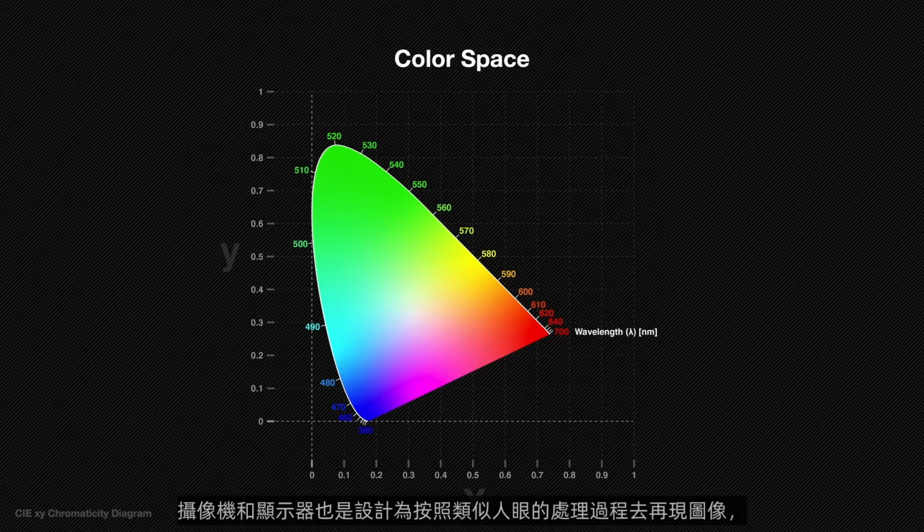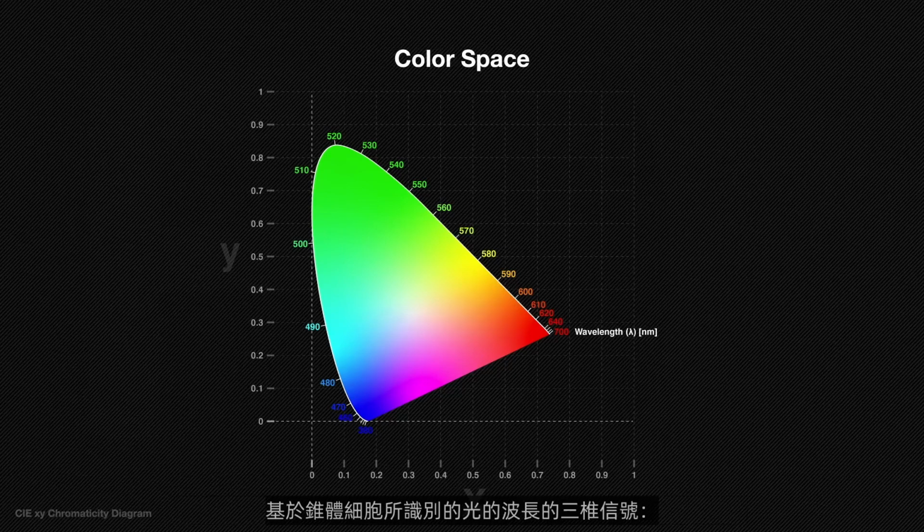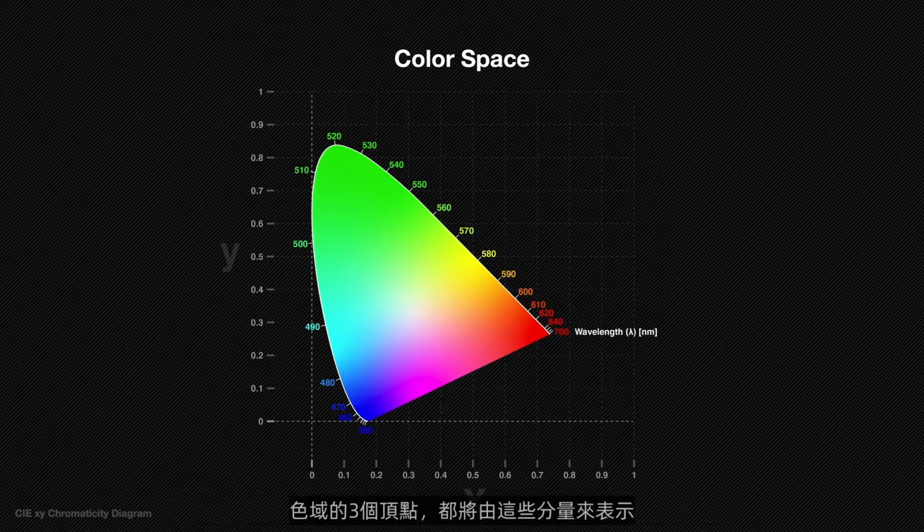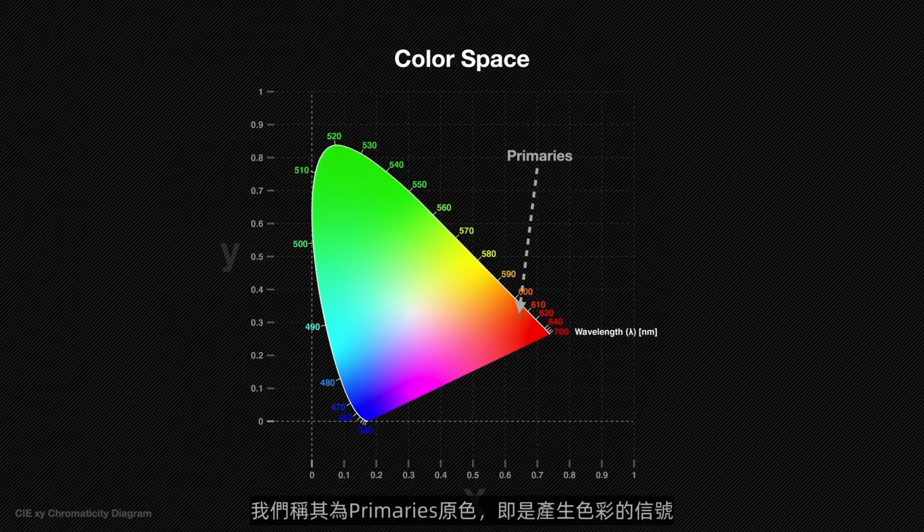Cameras and displays have been created to reproduce images using a similar process to the human eye, a three-stimuli signal based on the wavelengths of light our cone cells recognize: red, green, and blue, RGB. So those three colors are the three components that are going to be combined to define all colors in the space. The three vertices of the gamut will be represented by each of these components, which we will call primaries, the signals that originate the colors.